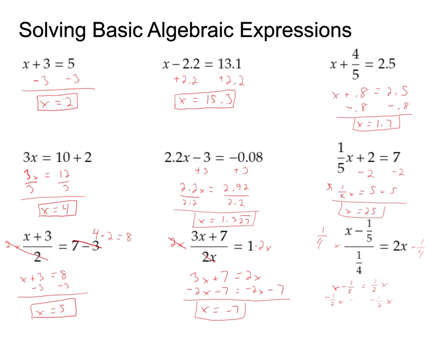And we're going to add 1/5 to both sides. That's going to leave us with 1/2 x is equal to 1/5. Now we're going to multiply both sides by 2. And that should leave us with x is equal to 2/5.